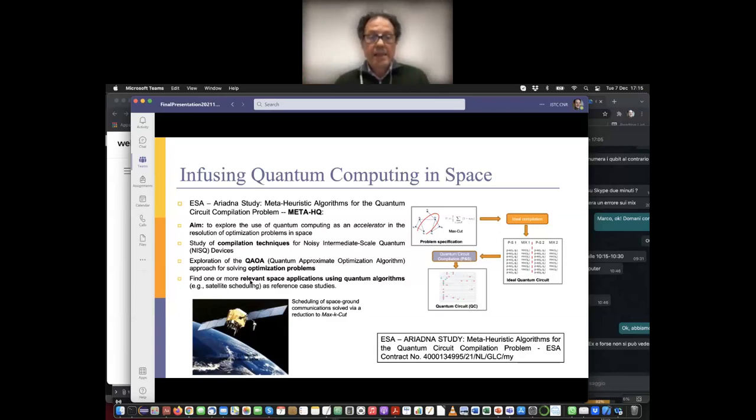Next, the idea was to find one or more applications for space to use quantum computing.